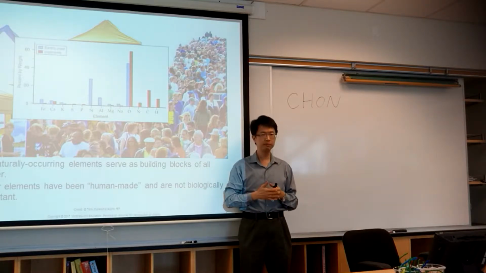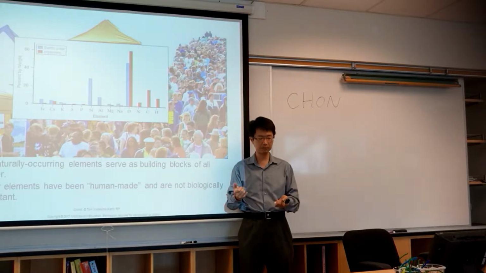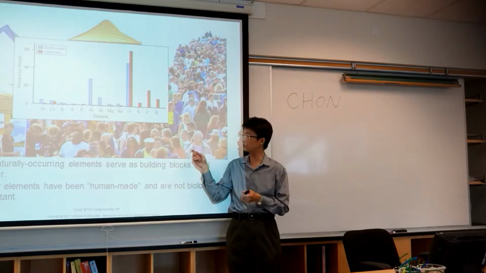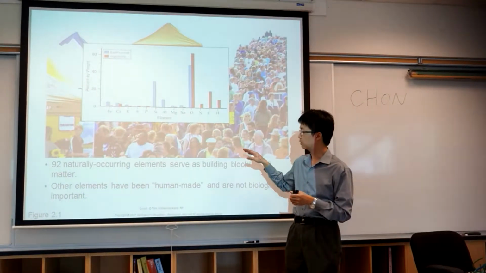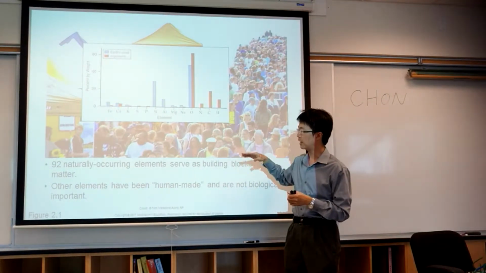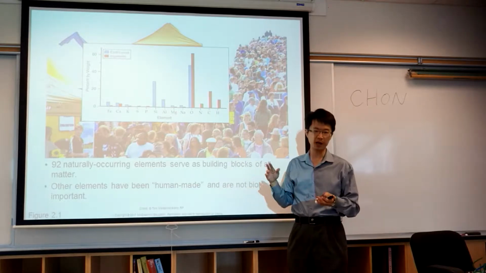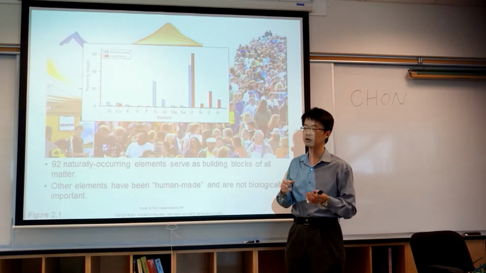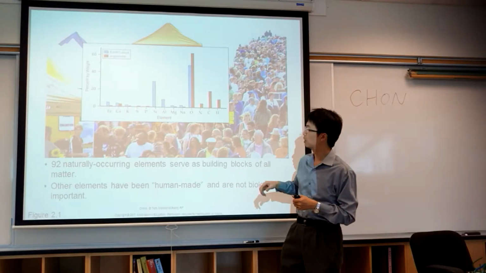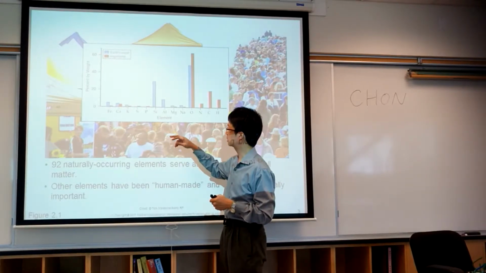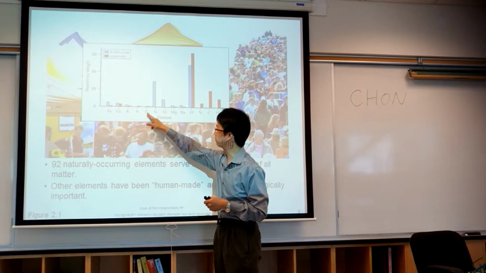And some textbooks say the six most abundant elements, this is from the textbook, the figure and the legend is different. If you read the textbook, you will see that they said the six most abundant elements are Chong, and then with sulfur and phosphate.